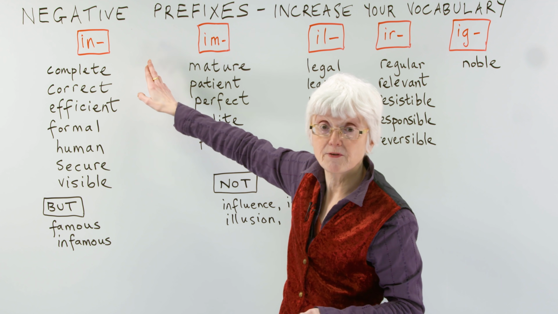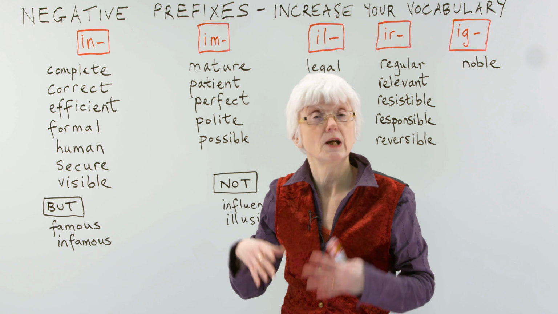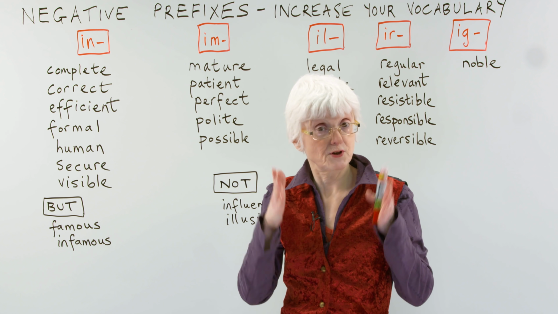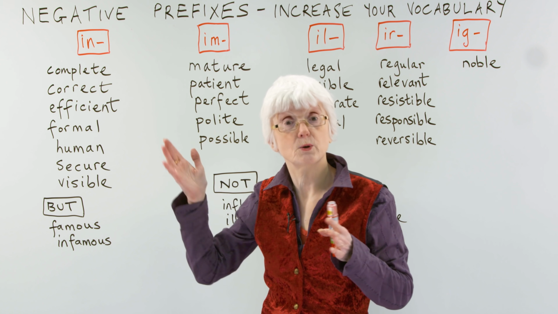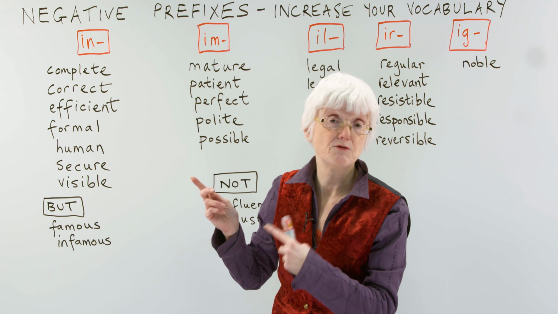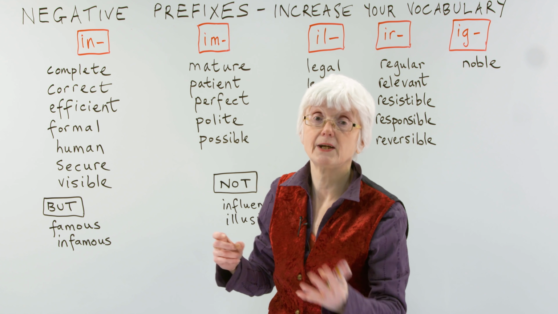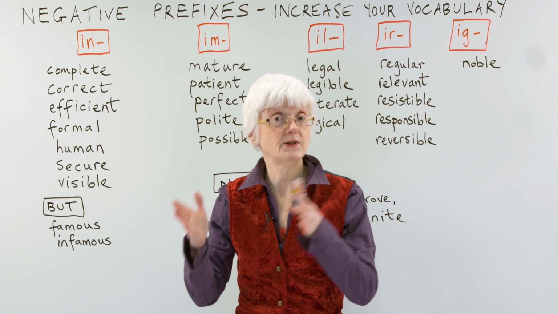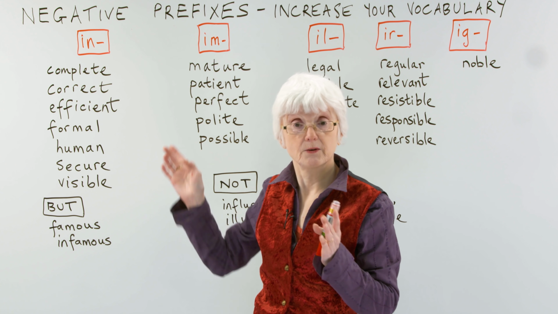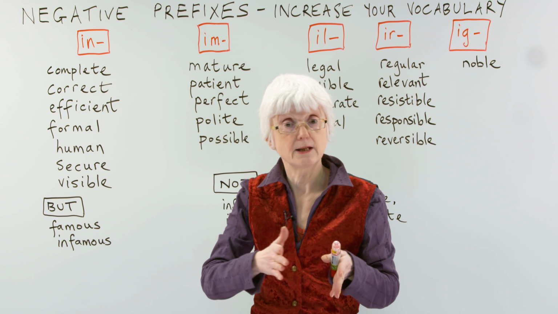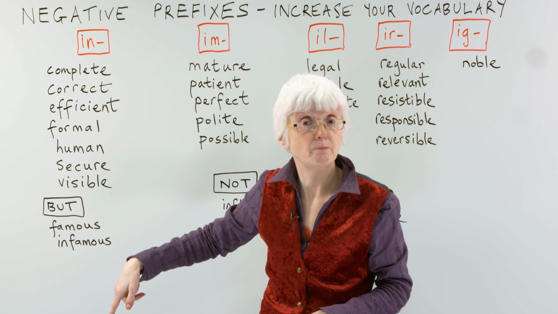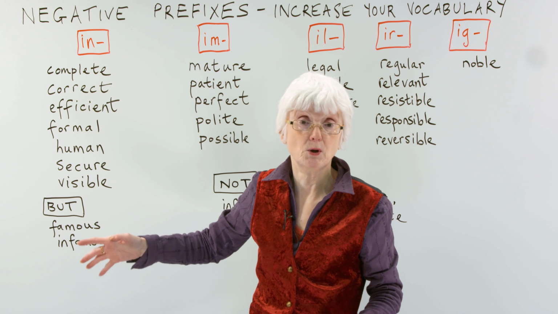The first prefix is used for a lot of words, and you have to know which is the right one to use. You can't just use any negative prefix with any word. They belong with certain words. So the ones that belong with in, here are some examples. There are lots more.